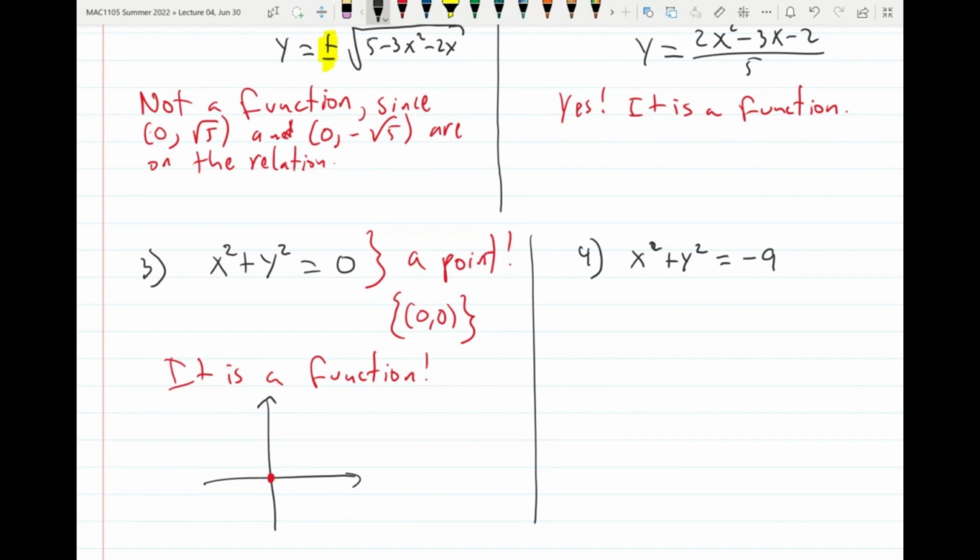So let's see, we managed to understand number 3 because we thought about it as a graph. We realized this was a point, and points are good. How about this one? Okay, so what does that mean?